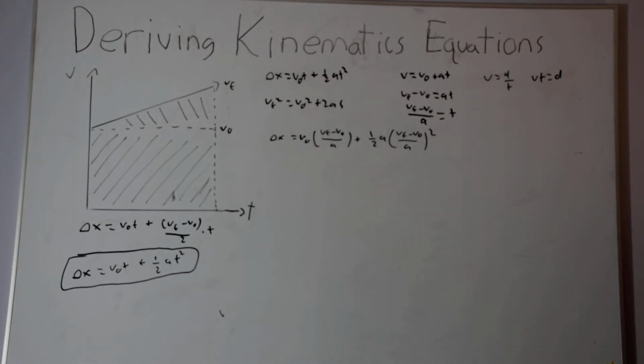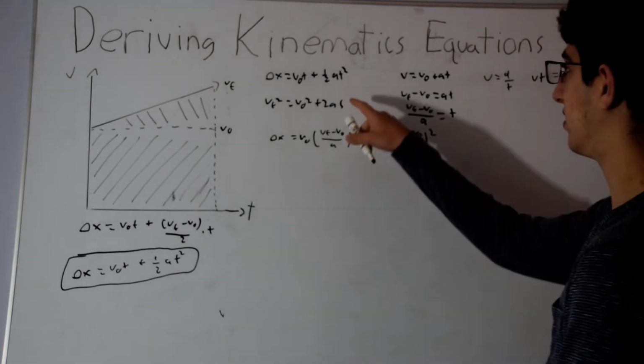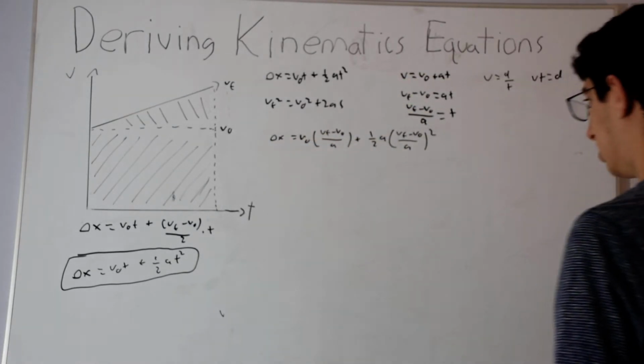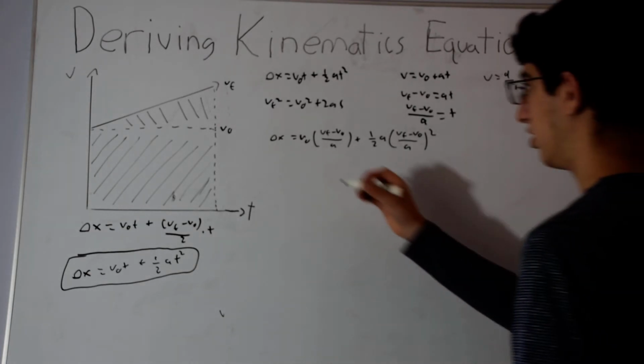Okay, well, let's simplify this. And also remember that this s, which I'm writing as s here, is just displacement. So this s and this change in x are simply the same thing. Okay, so let's simplify.